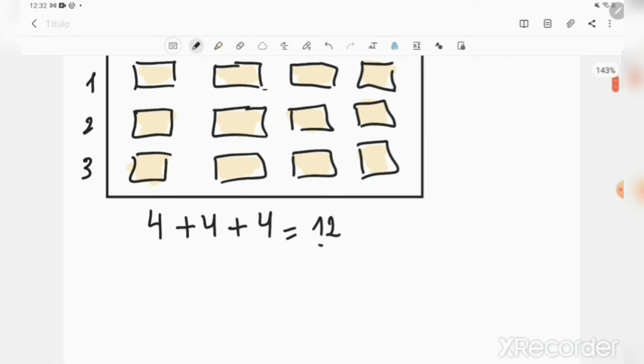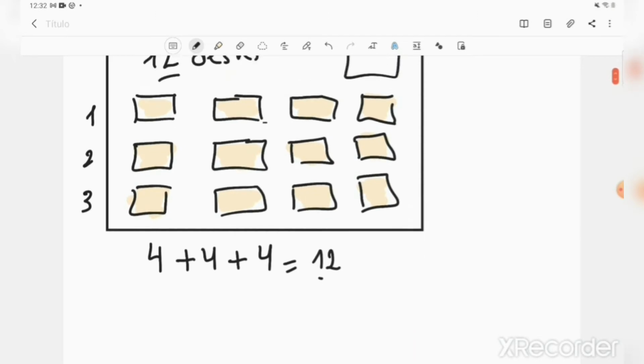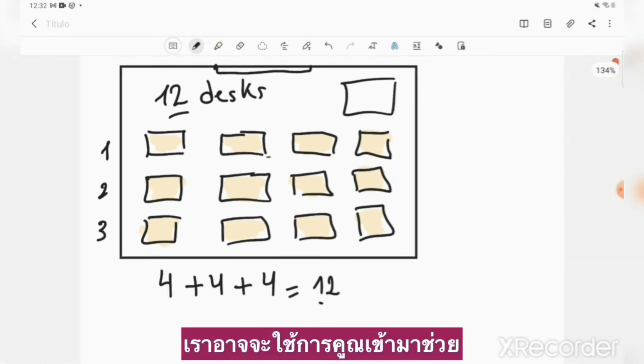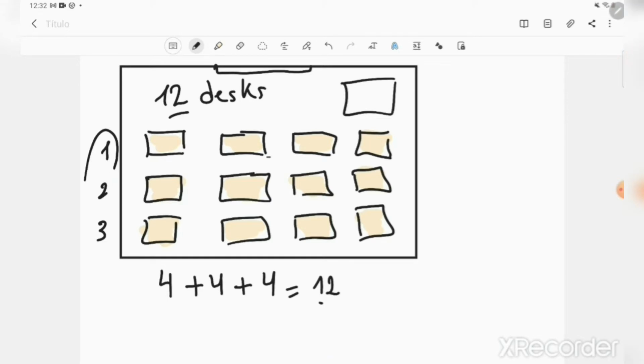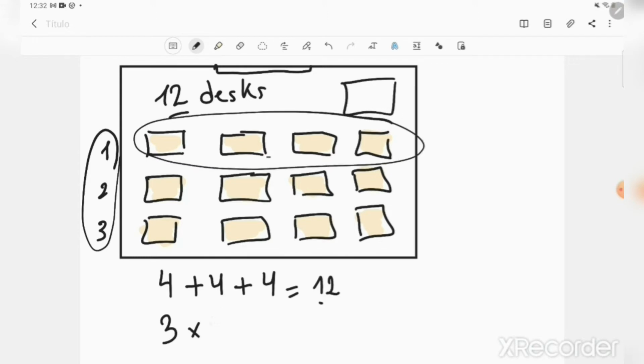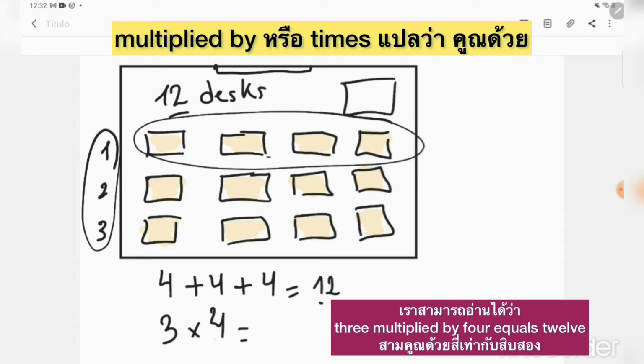But what about if we want to make a shortcut? Maybe we can use multiplication. How? Just multiplying the number of rows, 3, by the number of desks in 1 row, 4. We can read this as 3 multiplied by 4, or 3 times 4.